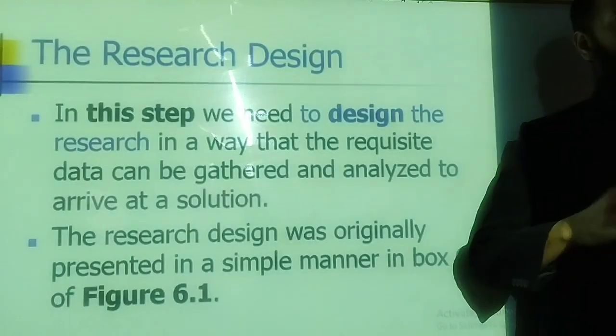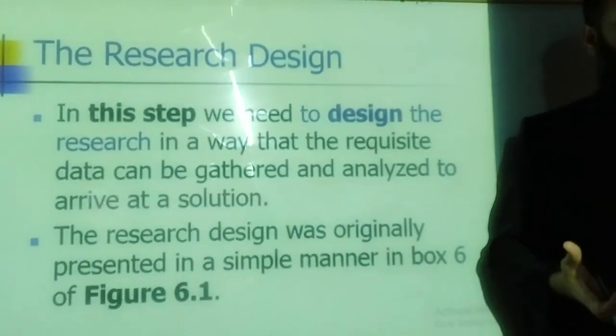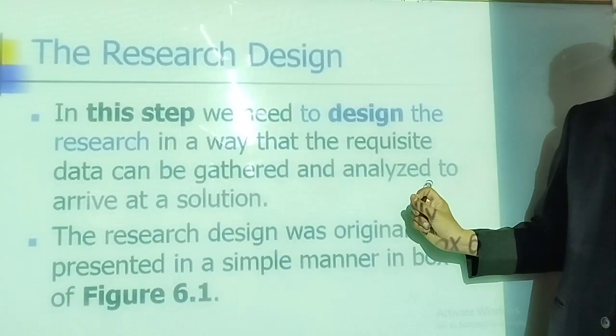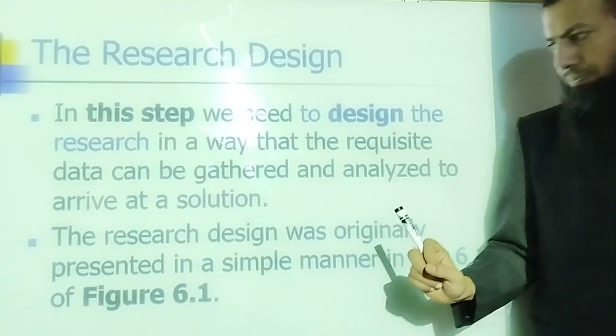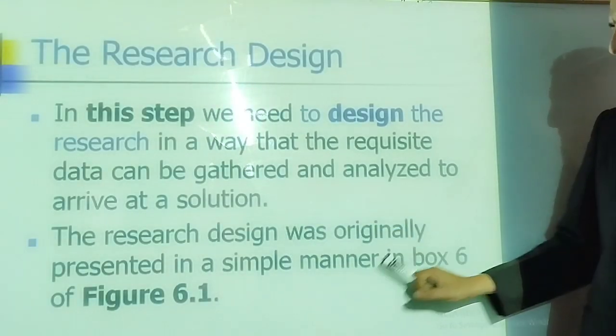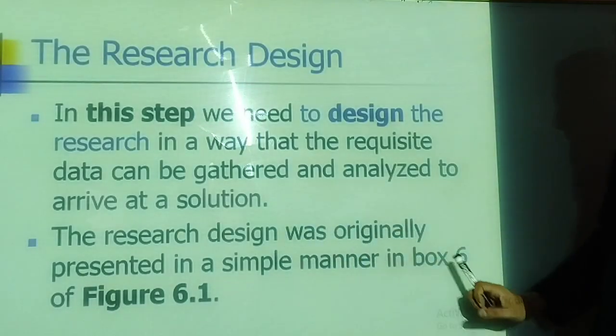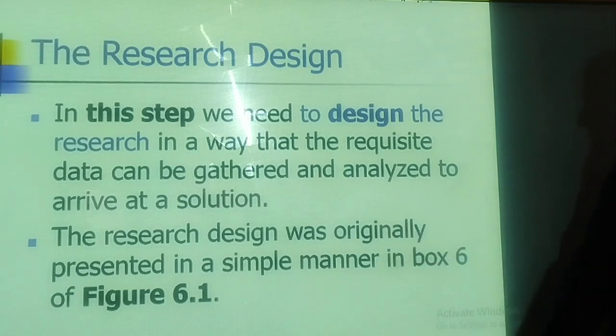Whatever data you have to gather, you have to talk about how you are going to collect the data, and also, since you are collecting data for the analysis, how you are going to perform the analysis. The research design was originally presented in a simple manner in box 6, figure 6.